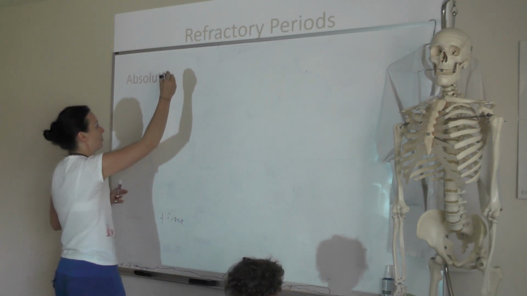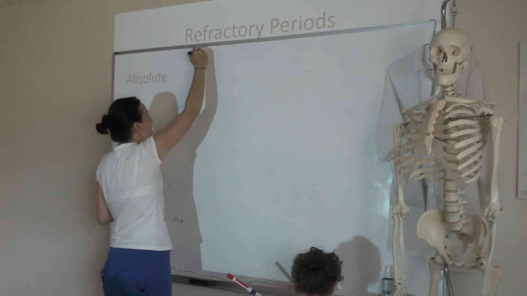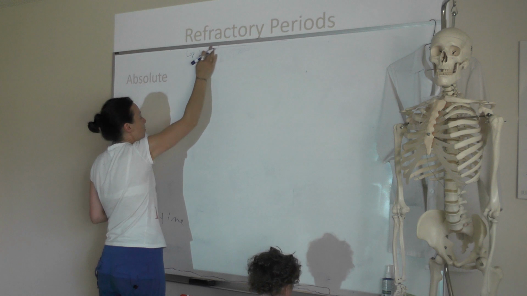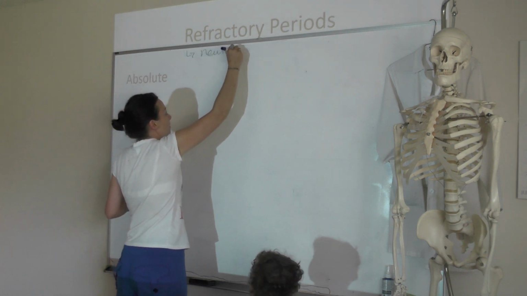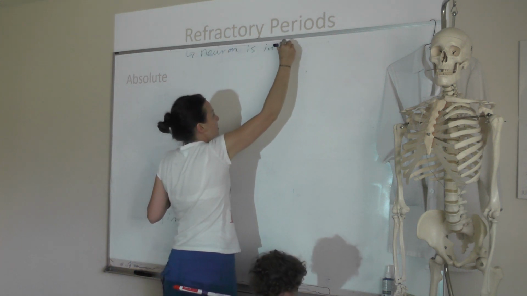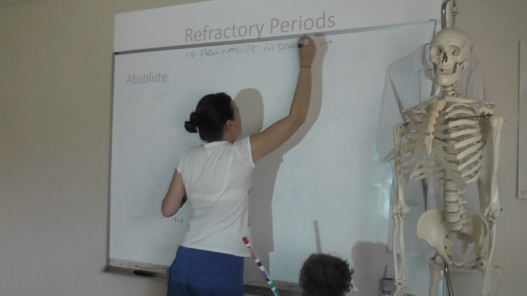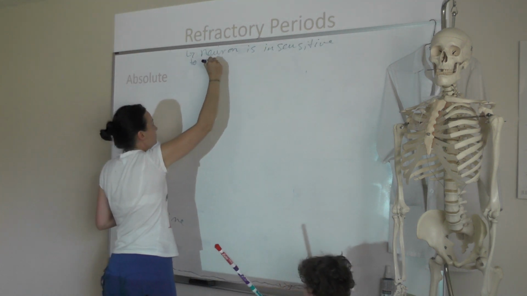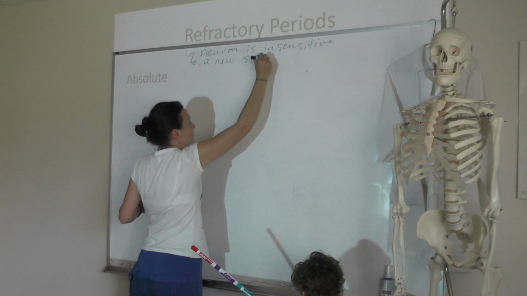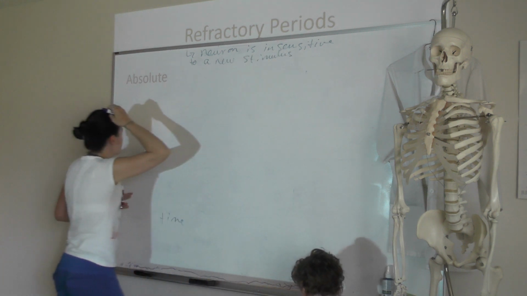Okay, so refractory periods. We'll say this is when the neuron is insensitive to a new stimulus, or it's insensitive to stimulation.